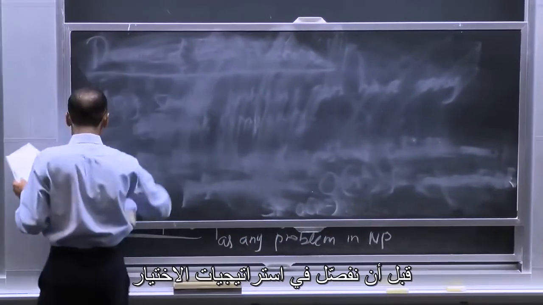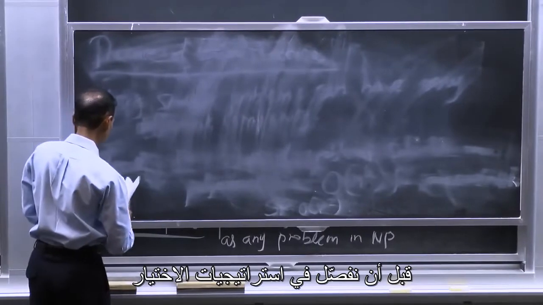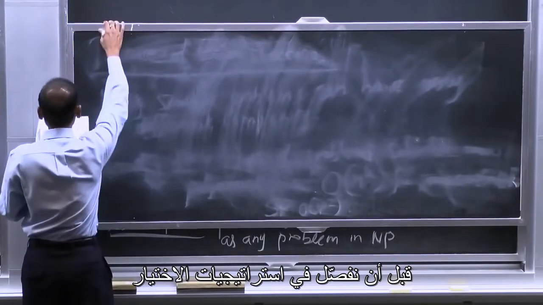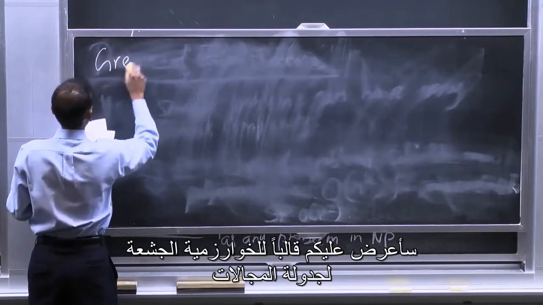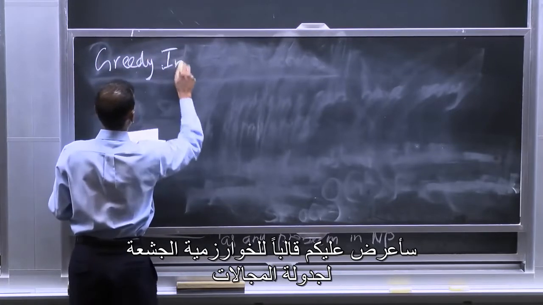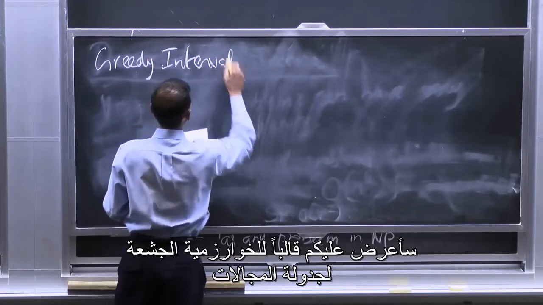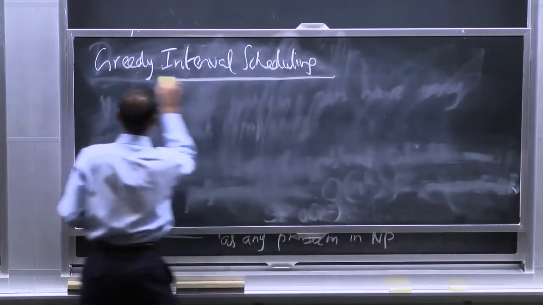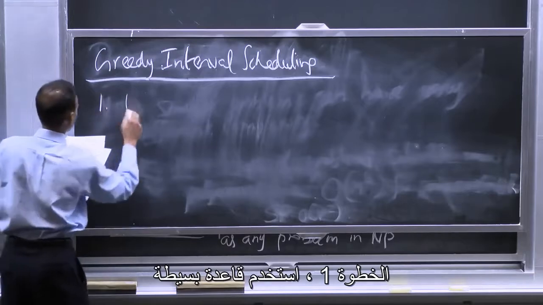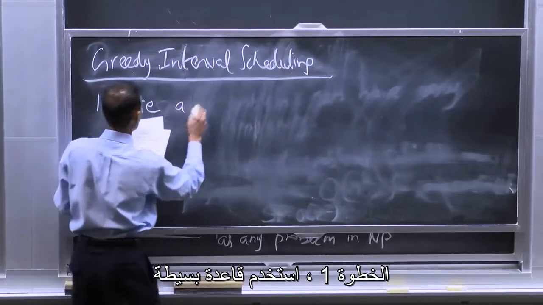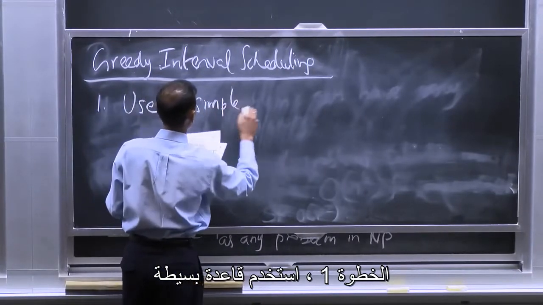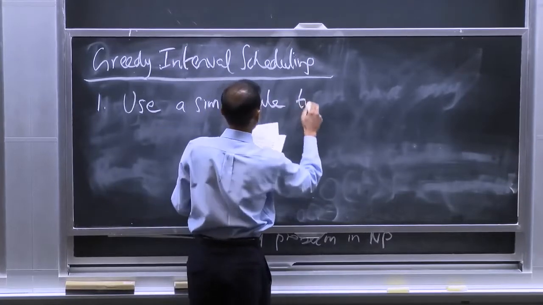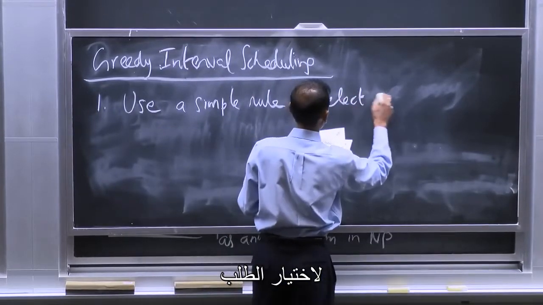So before we even get into particulars of selection strategies, let me give you a template for greedy interval scheduling. So step one, use a simple rule to select a request.